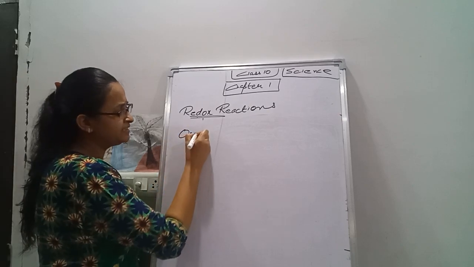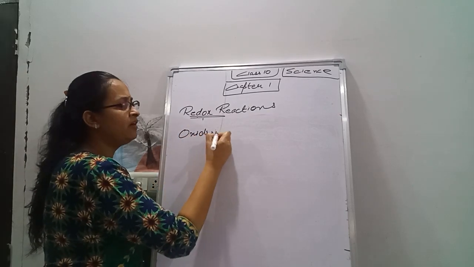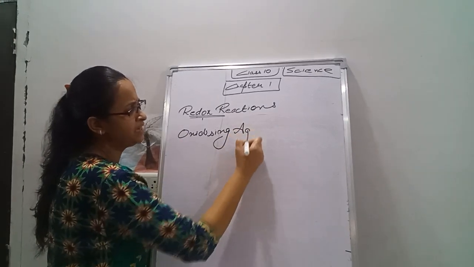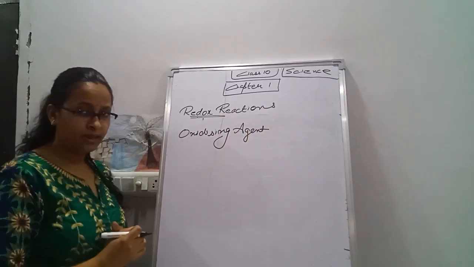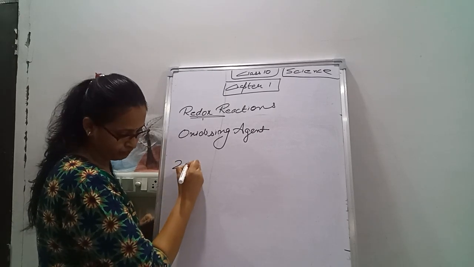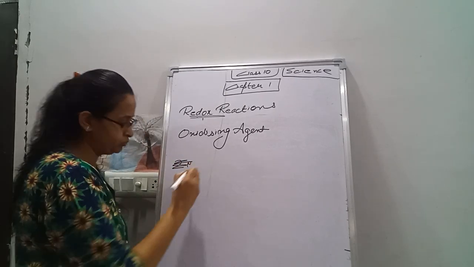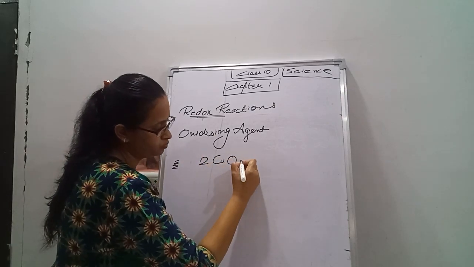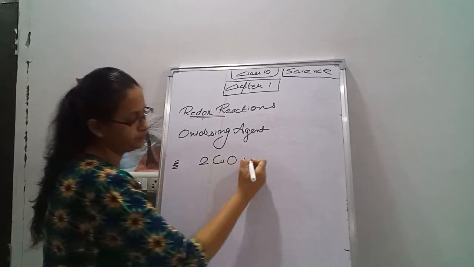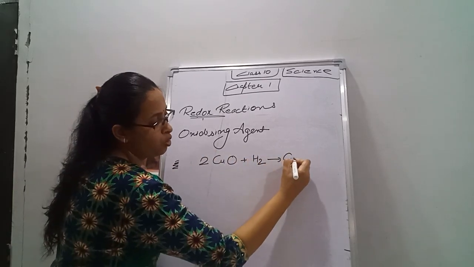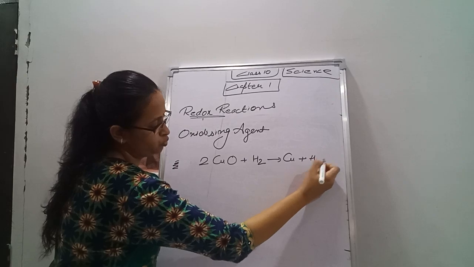What is an oxidizing agent? Here we have talked about oxidation and reduction, but what is an oxidizing agent? Now I am giving you one example: CuO plus H2 gives you copper plus H2O.